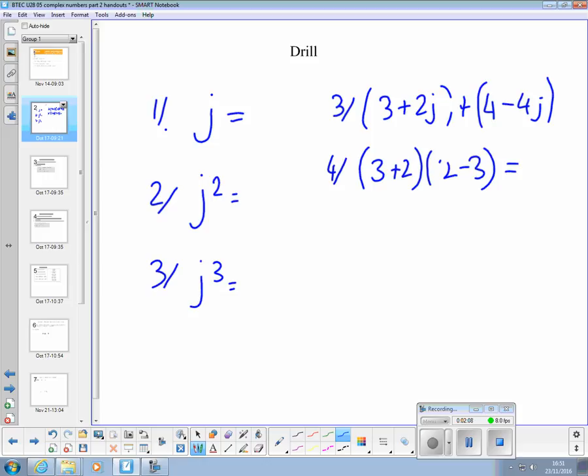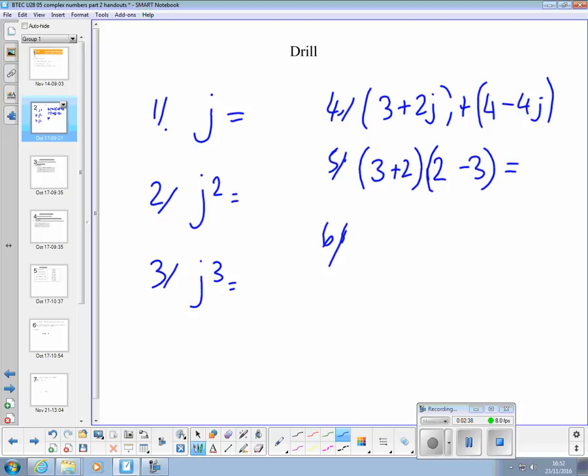Question 5: 3 plus 2 in brackets times 2 minus 3 in brackets.